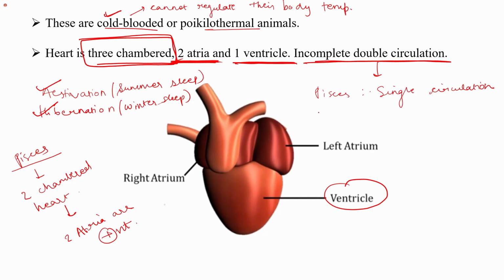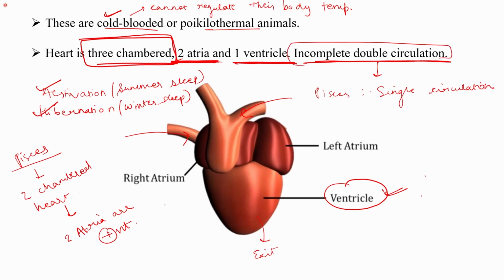In incomplete double circulation, there are two routes of entry, that is the right atrium and left atrium. However, there is a common ventricle for the exit. So there are two routes of entry, but a common exit.